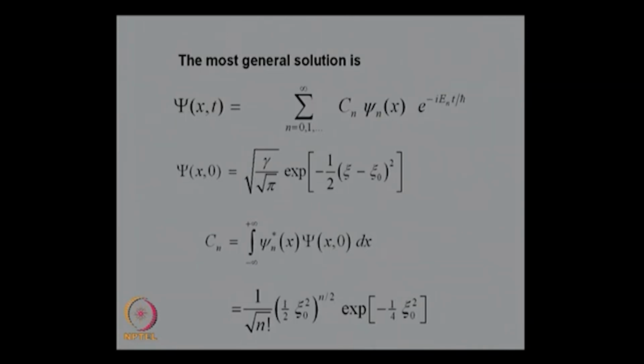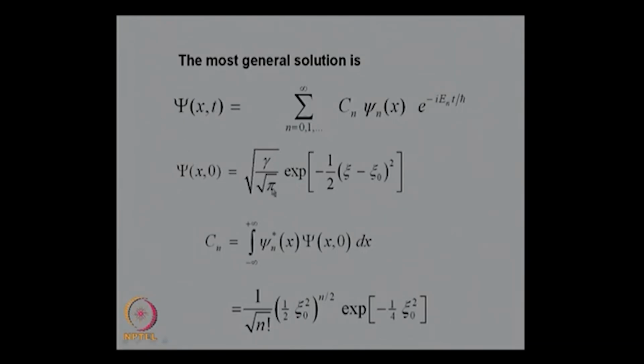My question is, if this is psi of x comma 0, what will be psi of x comma t? And the answer is simple. I first find out C of n, hopefully I can find an analytical expression, and then substitute it back in this equation and carry out this summation.